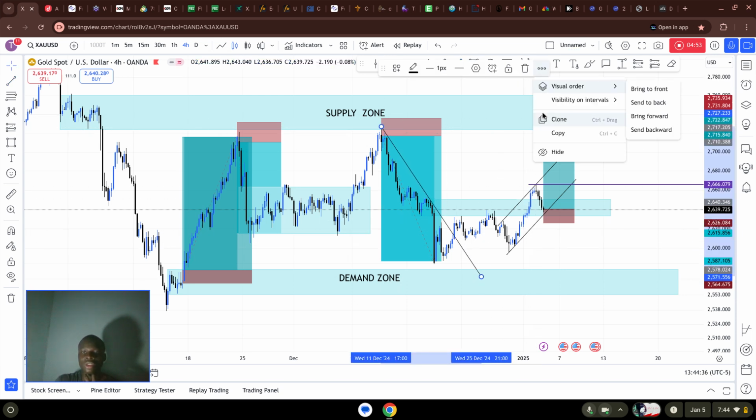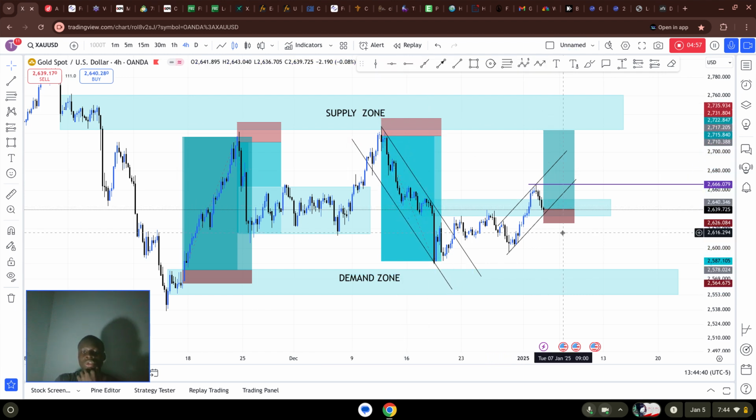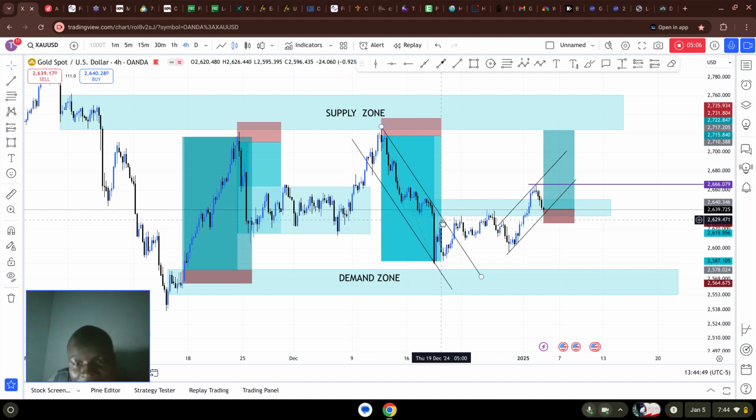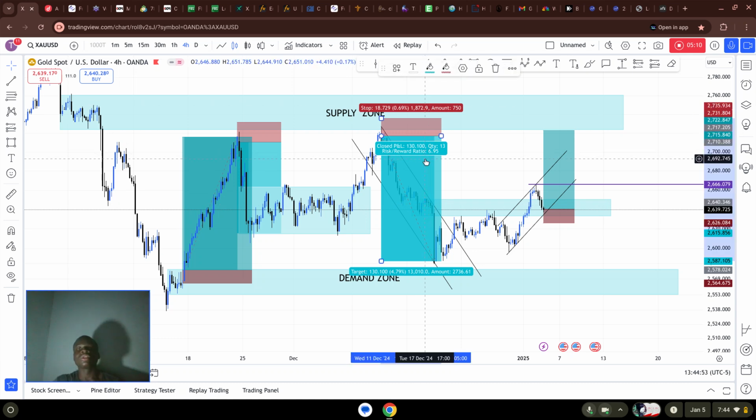We have a trend here, then a breakout and a very small consolidation. This seems like a demand zone here also.